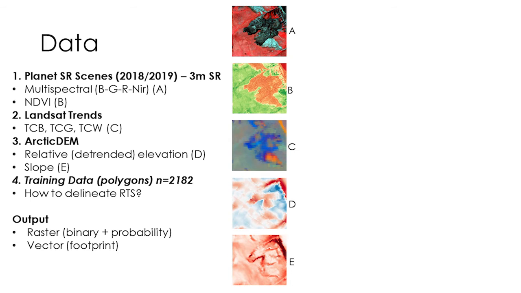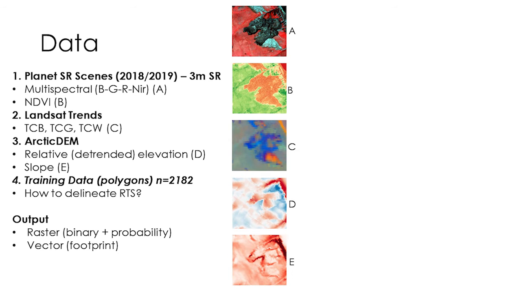Second, we use Landsat trends, which are 30-meter data, which are multi-temporal linear trends of tasseled cap surface properties. And we also use the ArcticDEM, where we have a relative or detrended elevation and also calculated slope.